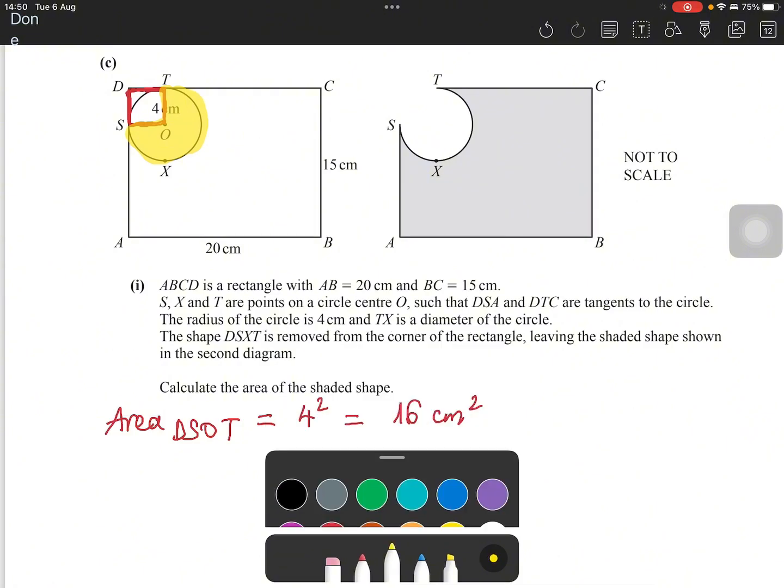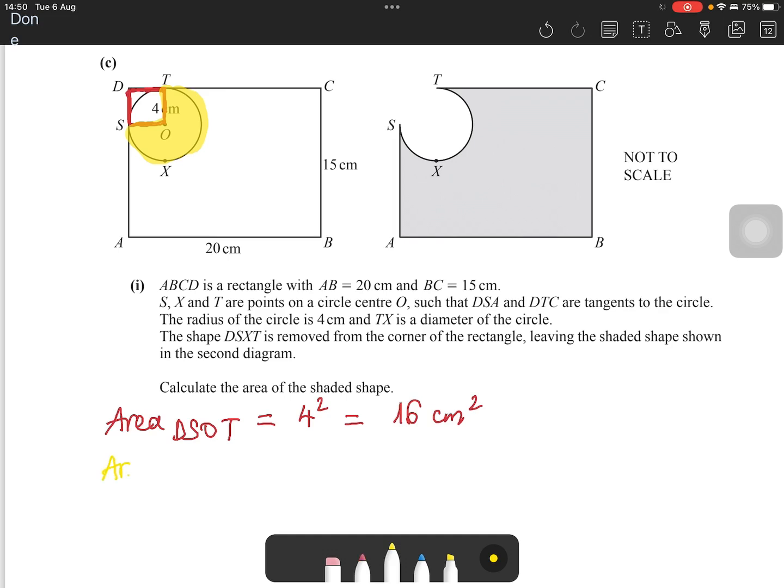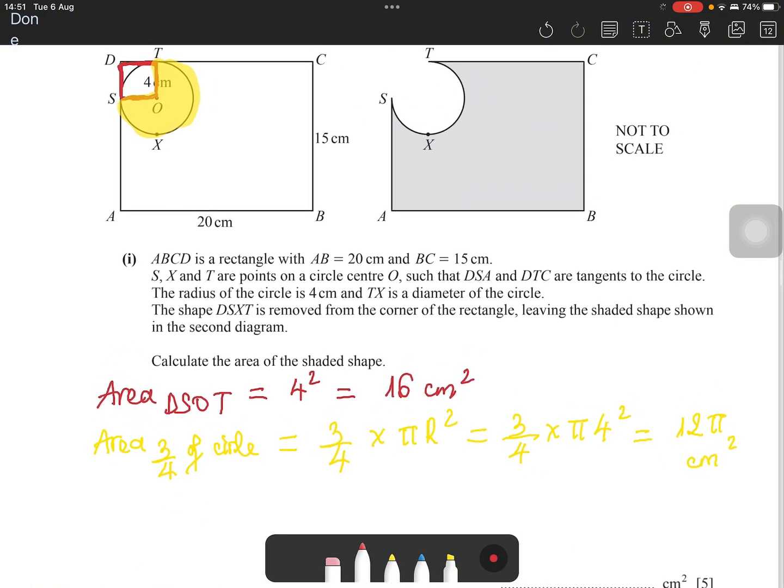The area of 3/4 of the circle is equal to 3/4 multiplied by pi r squared, which means 3/4 multiplied by pi times 4 squared. And this one is 12 pi square centimeters.